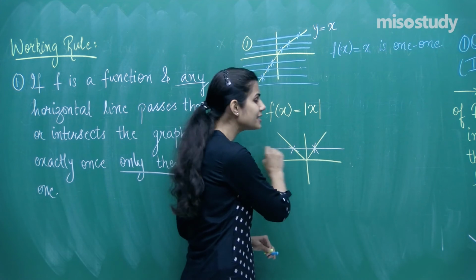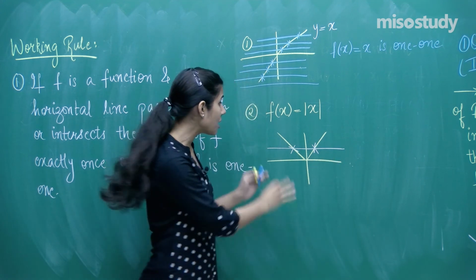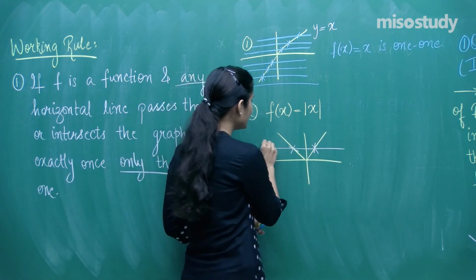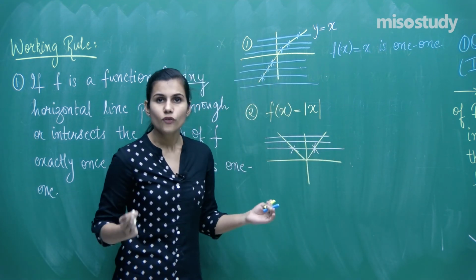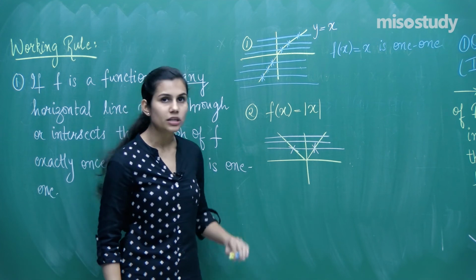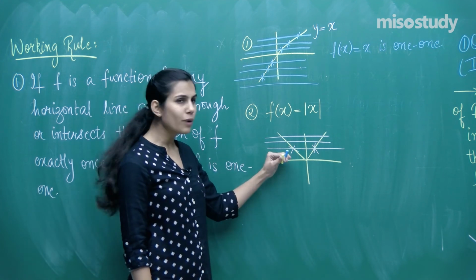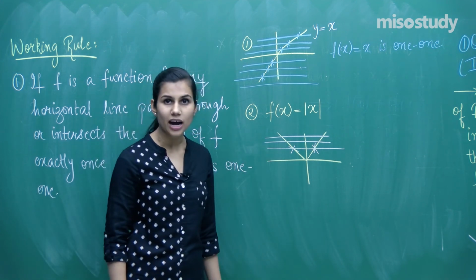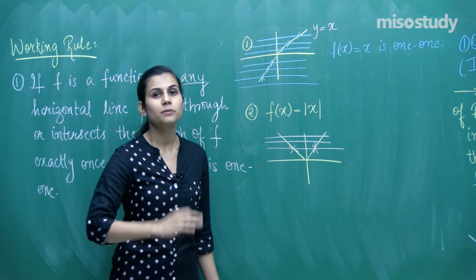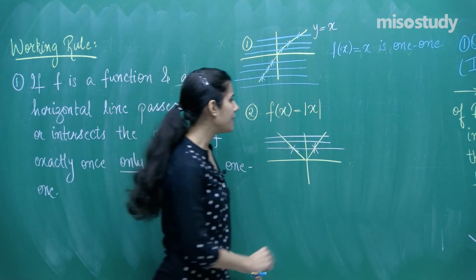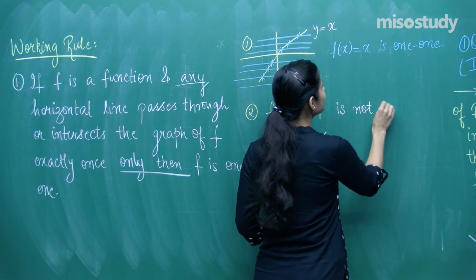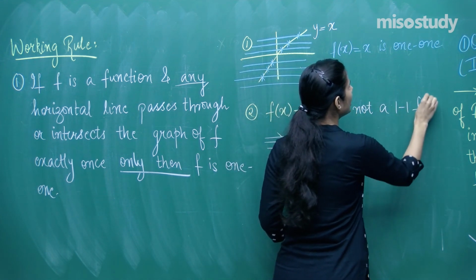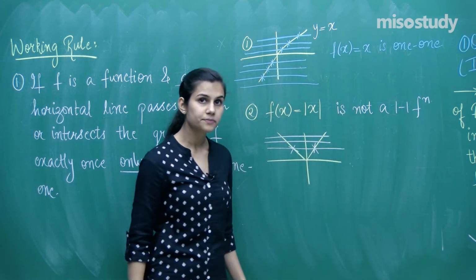I just needed one horizontal line for my test to fail for the modulus function. I could find one horizontal line which was intersecting the graph more than once, that is twice, and therefore f(x) = |x| is not a one-to-one function.